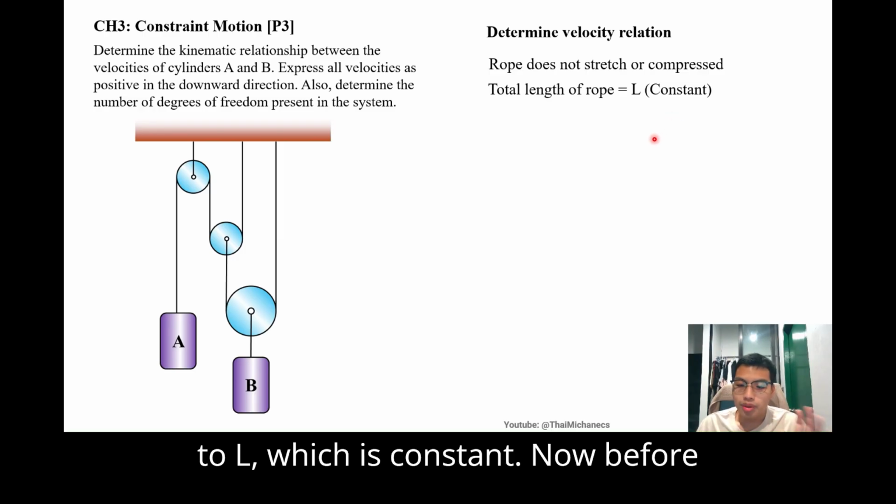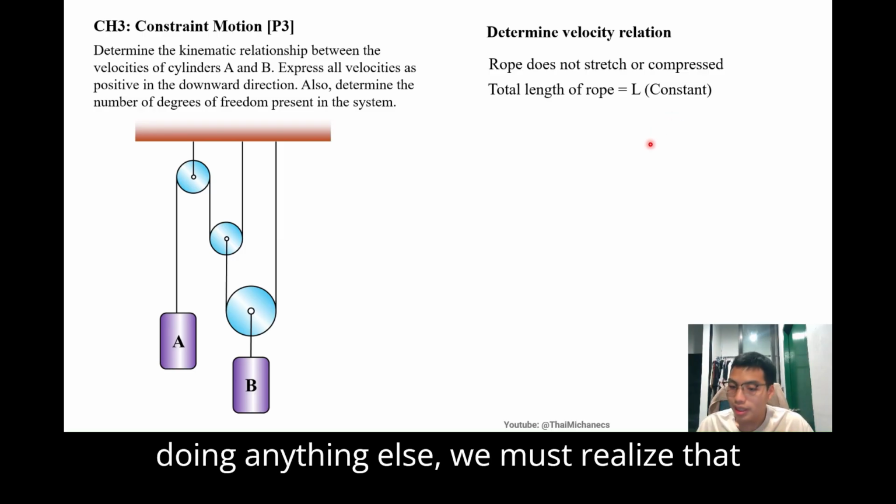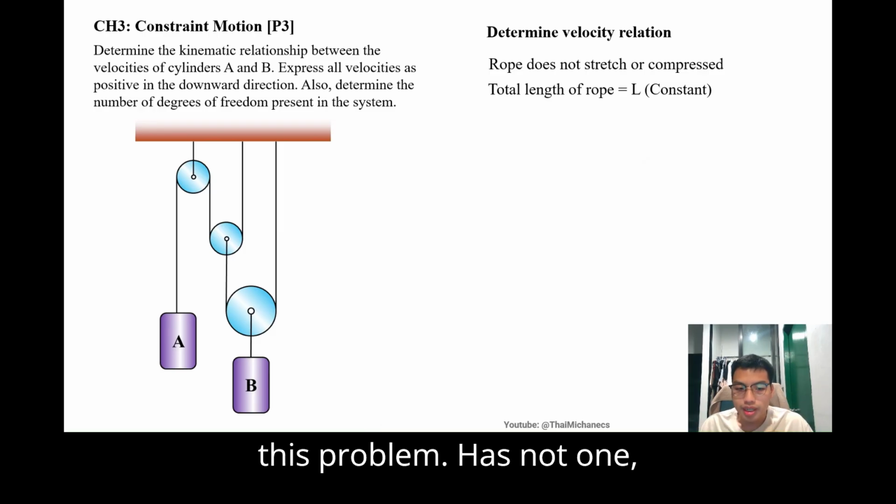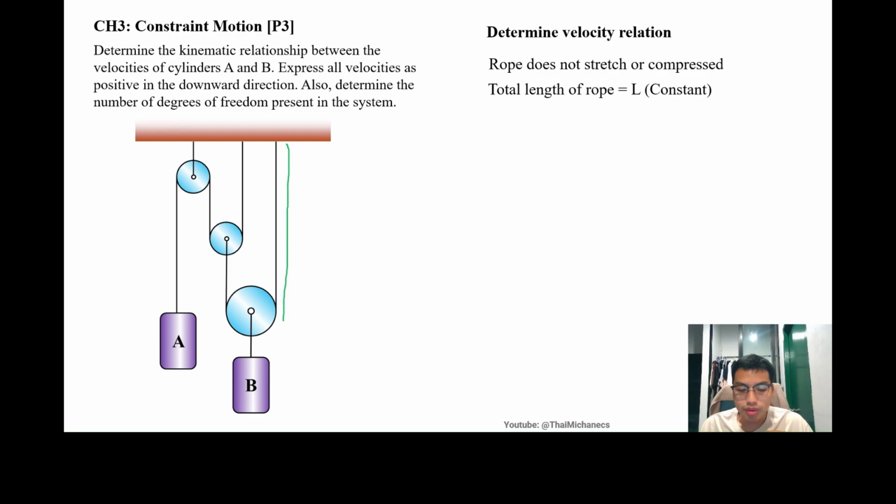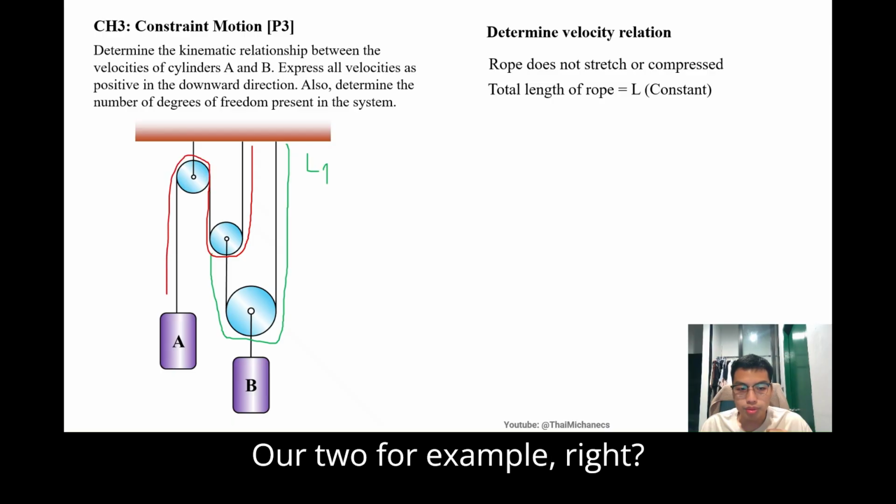Now, before doing anything else, we must realize that this problem has not one, but two ropes. So I would say this is rope number 1, L1, and here is another one, L2, for example, right?